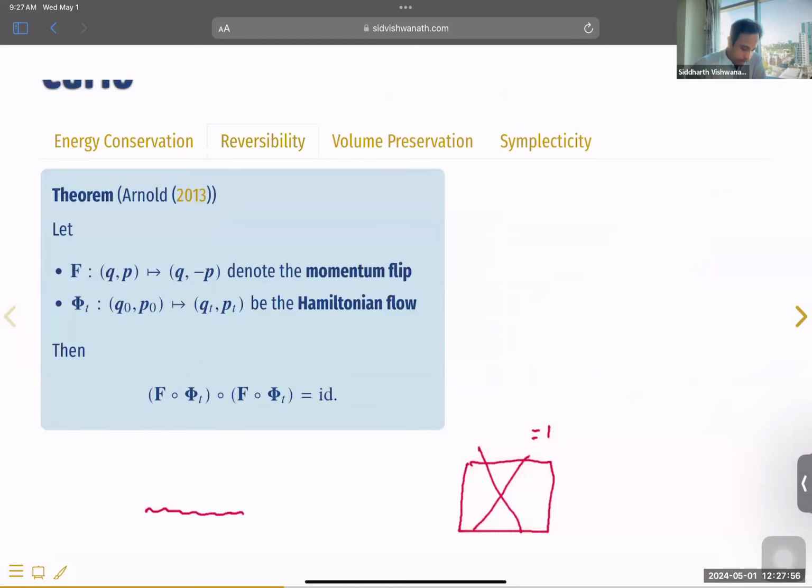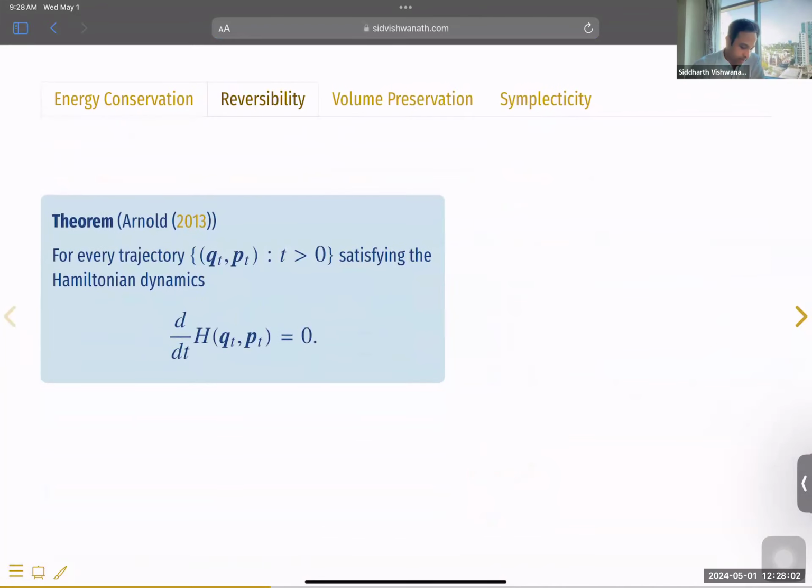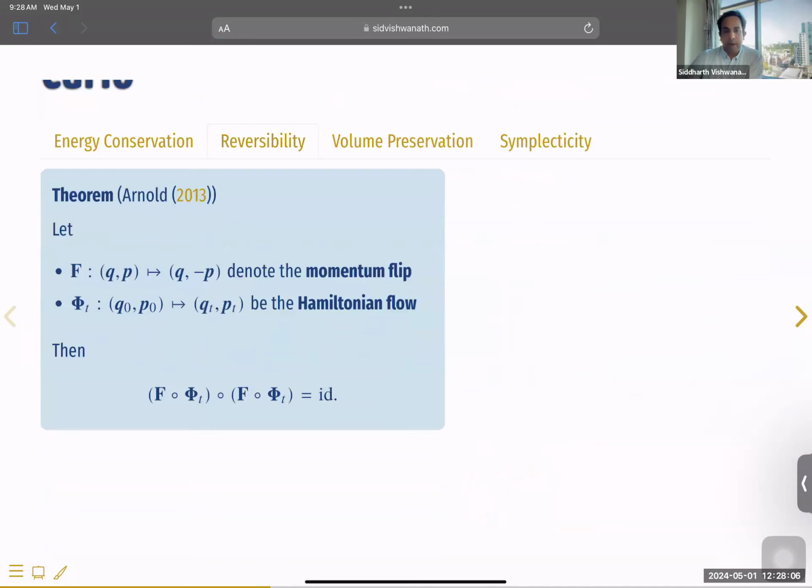The second point about Hamiltonian Monte Carlo is reversibility, and this goes back to a result by Tierney that says that if you want to use a deterministic Markov kernel for generating proposals from a target distribution, then for it to be reversible, or to satisfy detailed balance, it has to be an involution. Our proposal over here is the time t flow of the Hamiltonian system, and the time t flow by itself is not an involution.